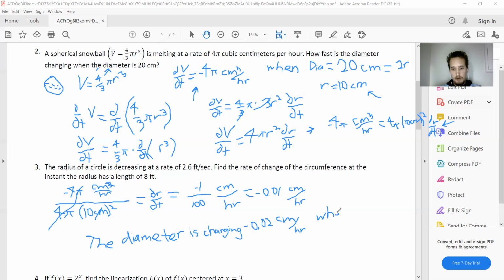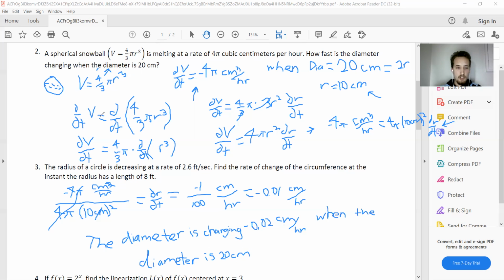when the diameter is 20 centimeters. Okay, remember to put when the diameter is 20 centimeters in your answer, because that's what the question's asking.